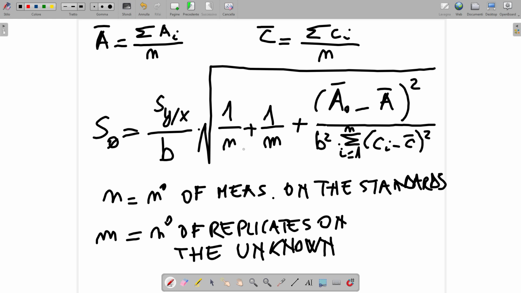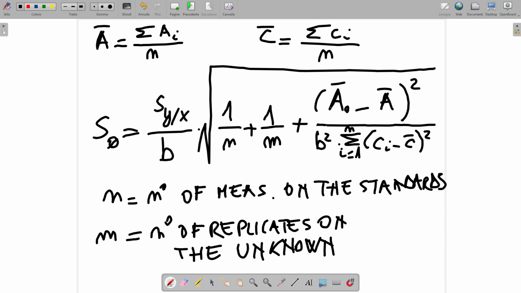And what about this difference? The area obtained for the unknown minus the area in the middle of the curve. It should be small, possibly exactly equal.